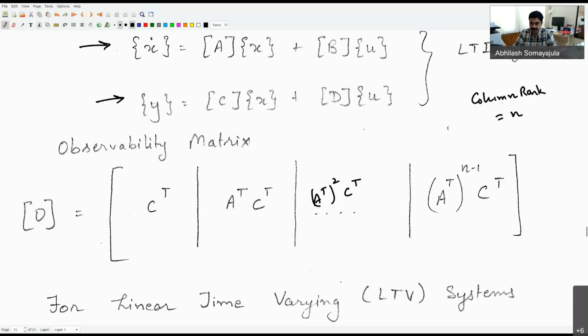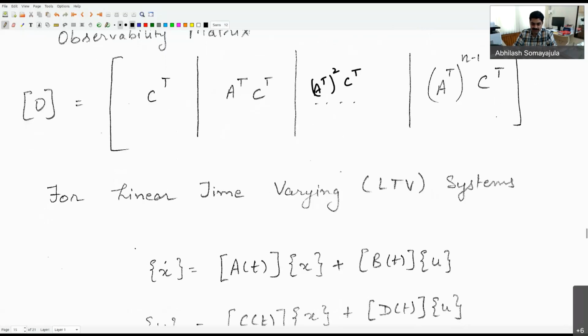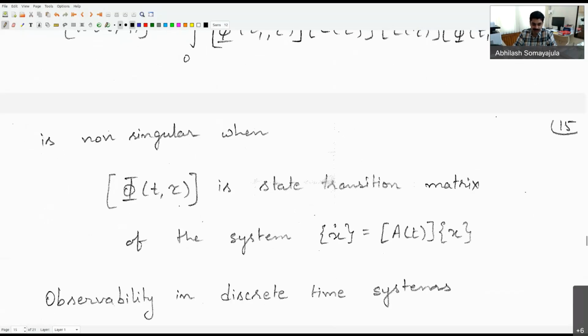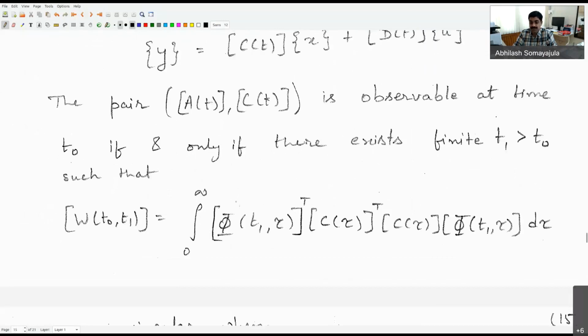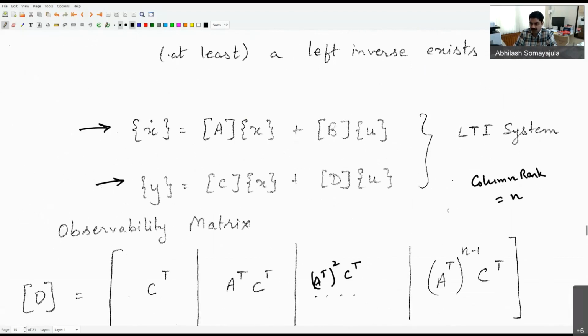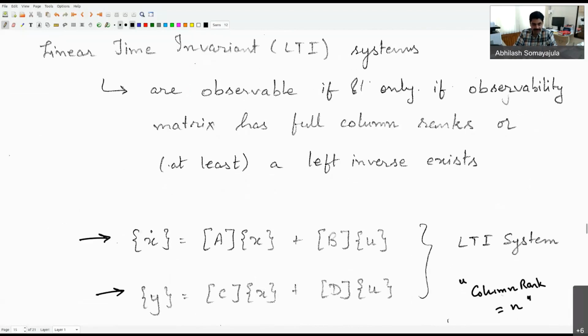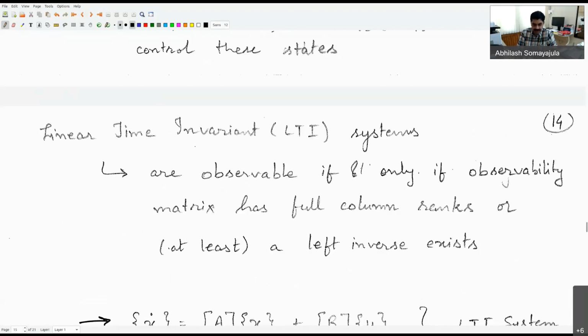So basically full column rank. As long as the column rank is n, how come I did not write that? Oh, I did write it. Yes, the observability matrix has a full column rank, or at least a left inverse exists.